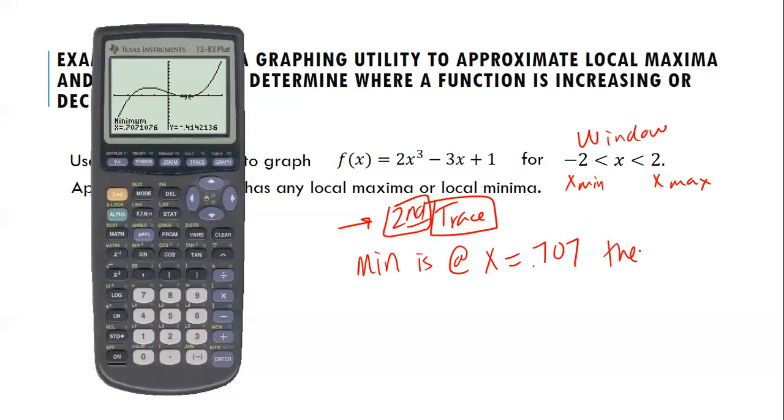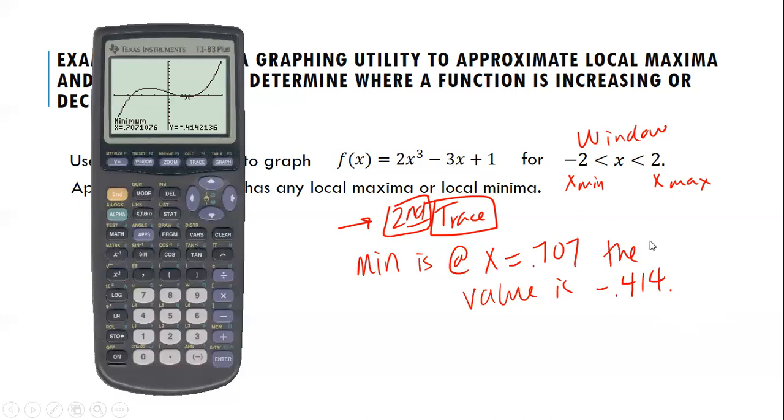The value is negative 0.414. Okay, so again, all I did was do second trace and click from left to right around where I thought it would be. I don't know how else to say that.